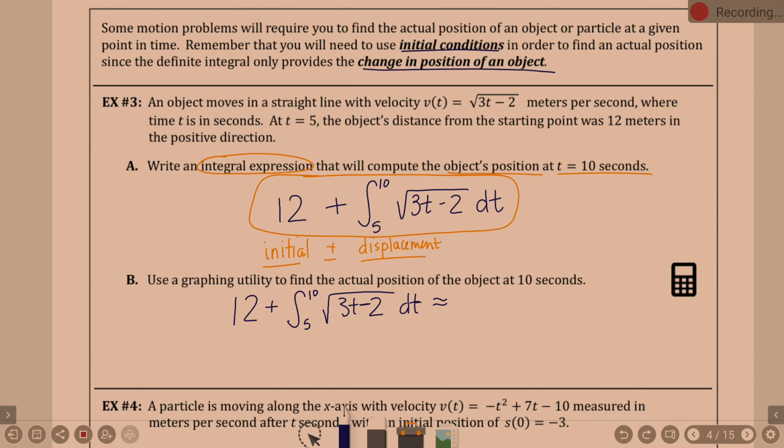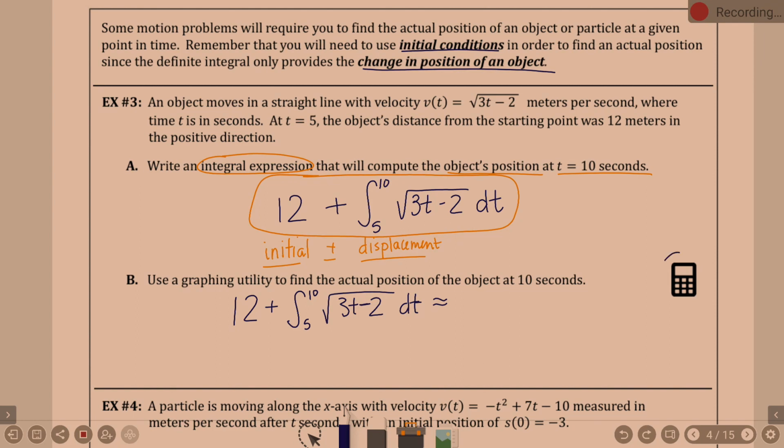12 plus the integral. There's no graphing. We're just finding the integral. I got 34.508. Okay, so you're just typing the 12 plus the integral into the calculator and getting an answer.